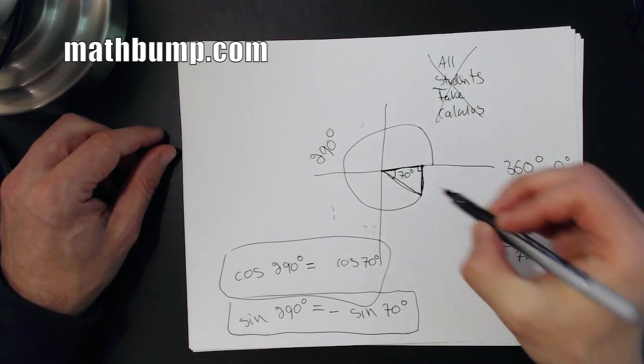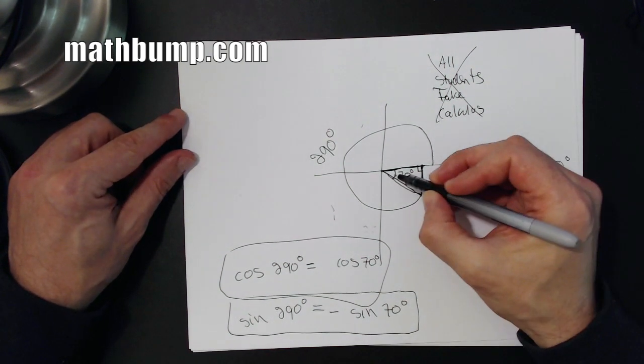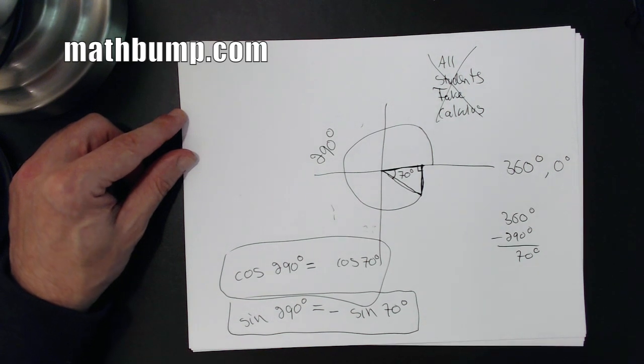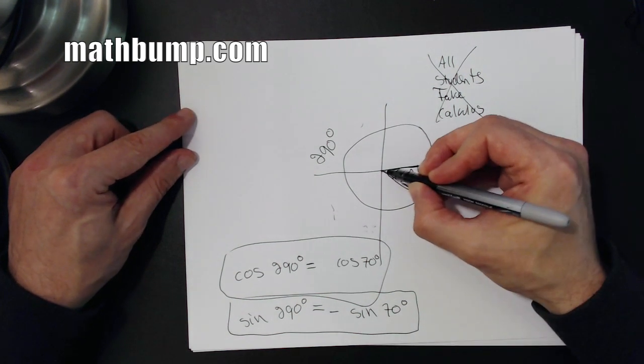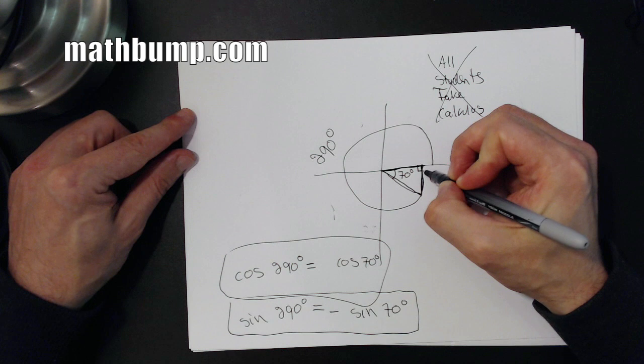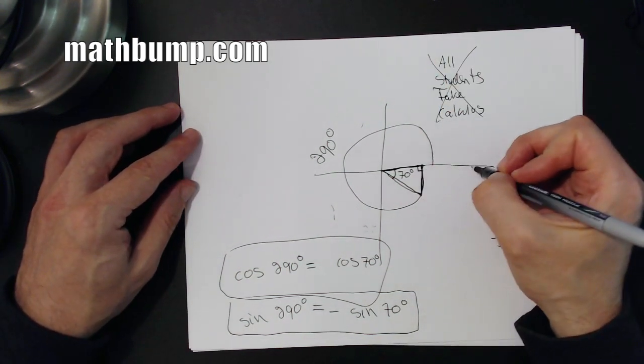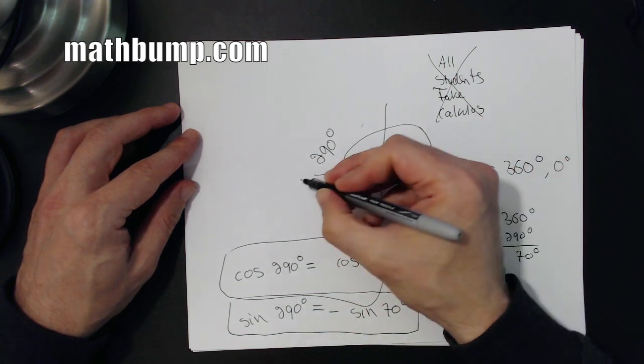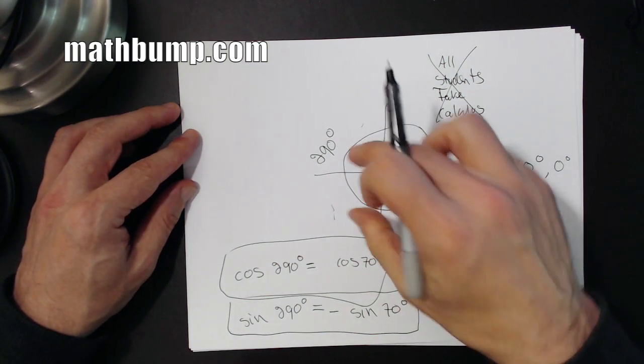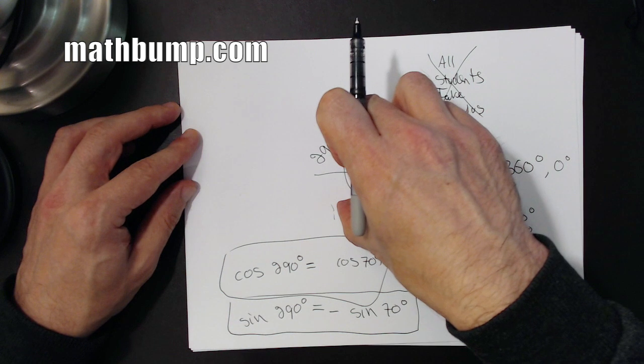All you have to do is understand where we're getting these reference angles from, the ones to the x-axis. And then you just have to understand that the cosine is the x side and the sine is the y side. And everybody knows that this is where the x-axis is positive, and that's where the x-axis is negative. So cosine is going to be negative over here in these two quadrants.